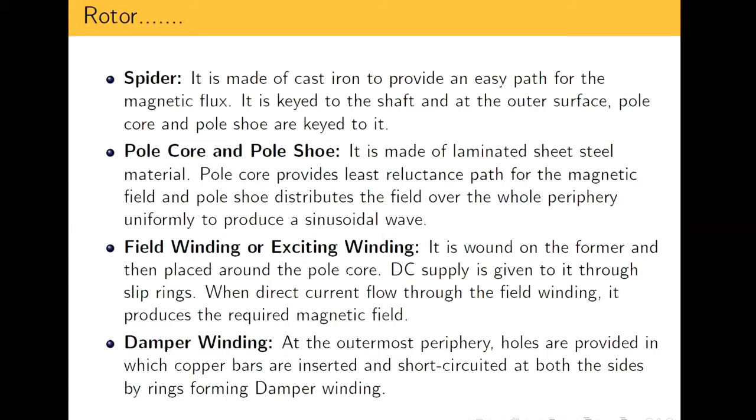Yeah, we are discussing the pole core and pole shoe reluctance path. Magnetomotive force is equal to flux into reluctance. If the reluctance path is less, then for a given magnetomotive force the flux will be higher, similar to how if resistance is less, the current will be more for a given voltage.